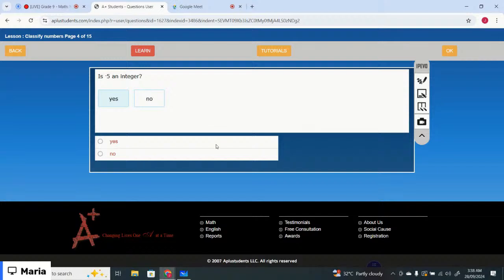Yes, negative 5 is an integer, right? The correct option is yes, it is.